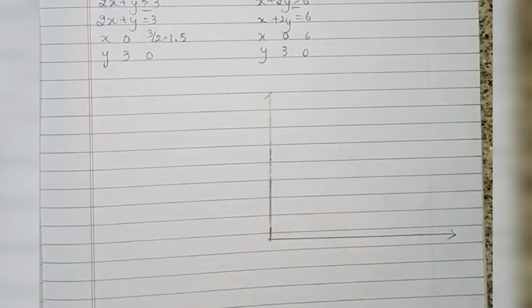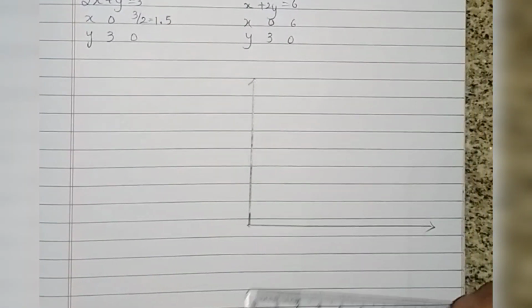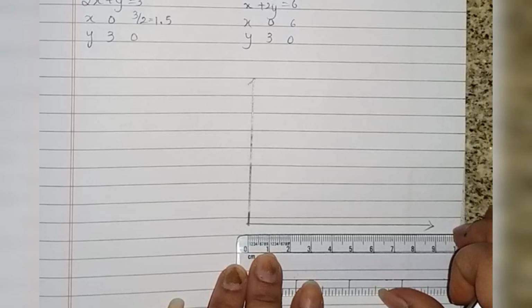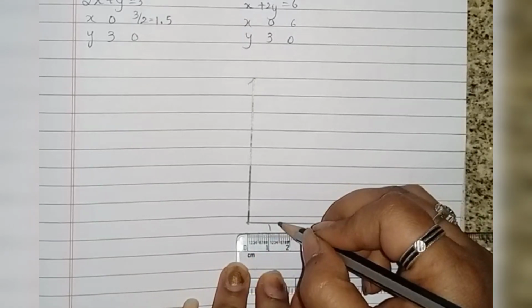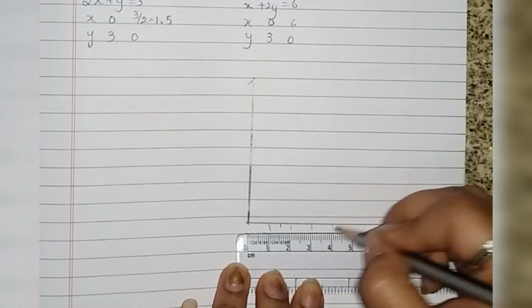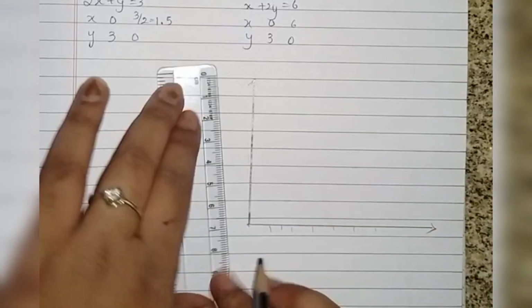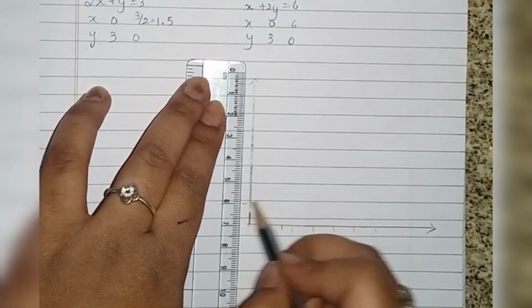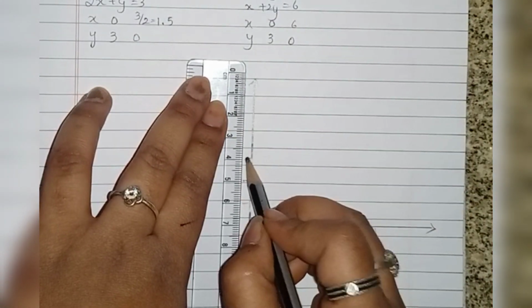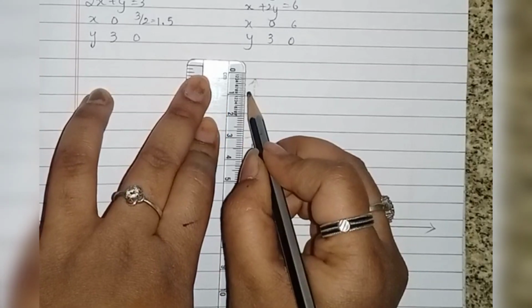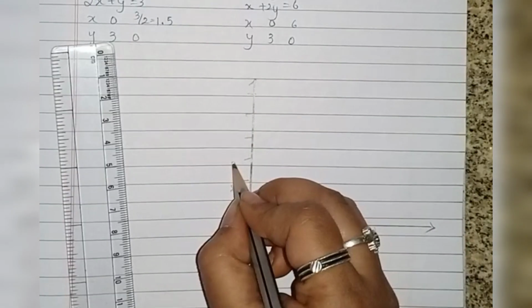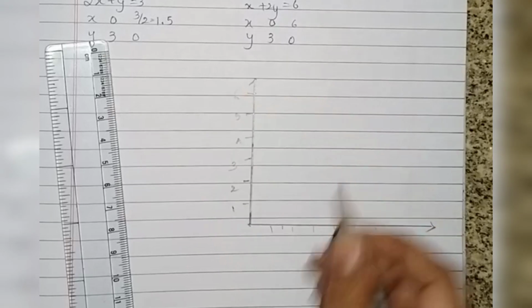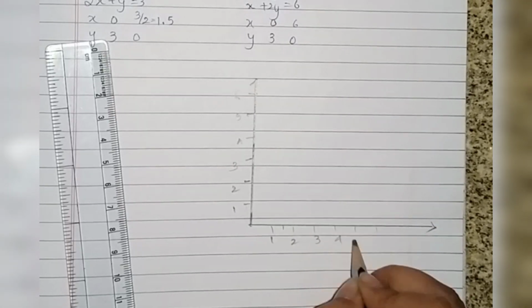So 1.5, 2, 3, 4, 5, 6, and then here 1, 2, 3, 4, 5, 6.